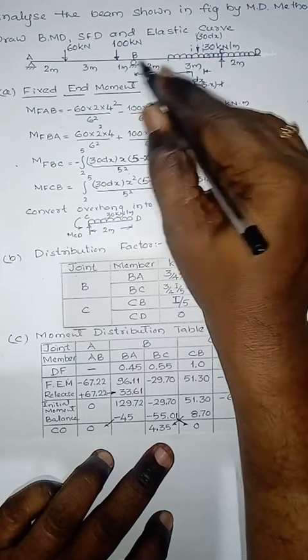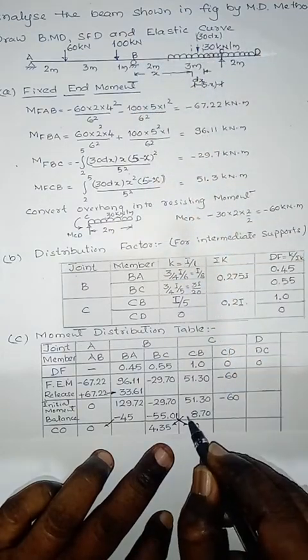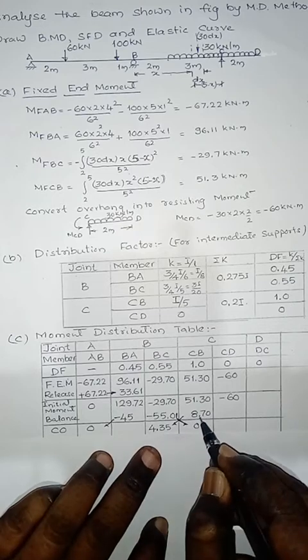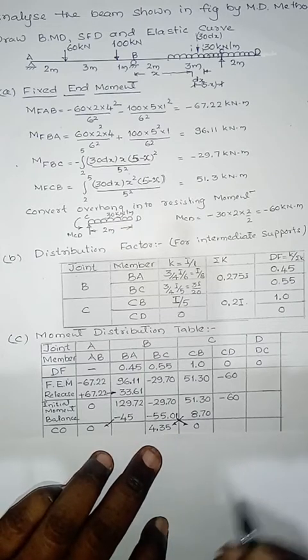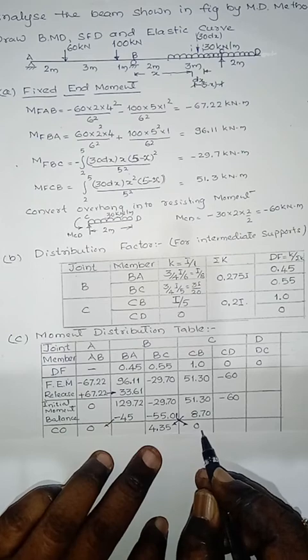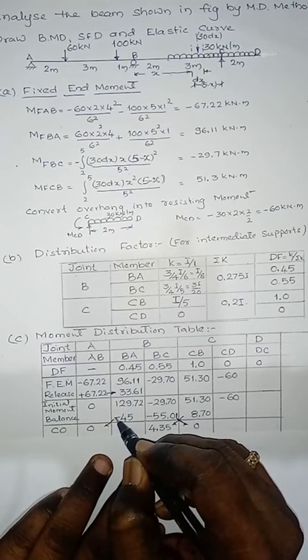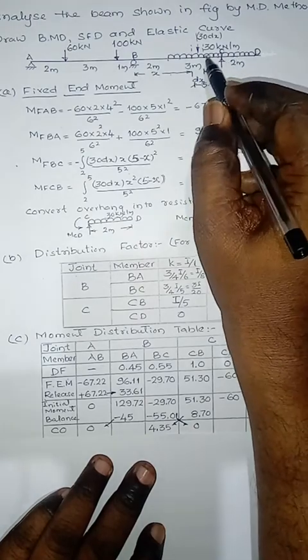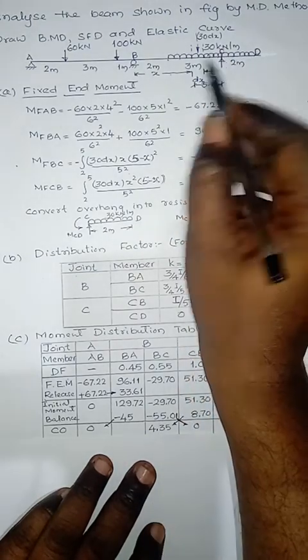Here, from C to B, 50% of the moment is carried, that is 8.7 by 2, which is 4.35. Please remember this: if the end support is a simple support or hinged support, there is no carryover. If the end support is fixed, then you have to carry the moment.